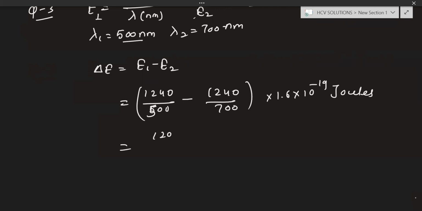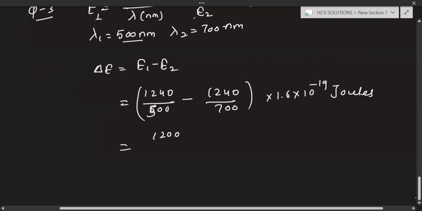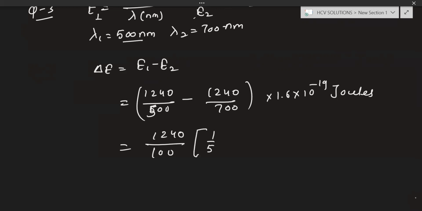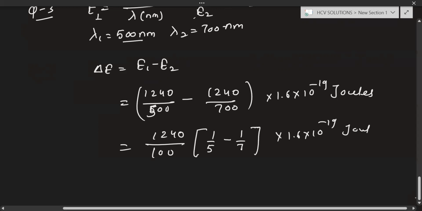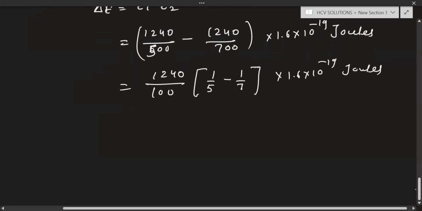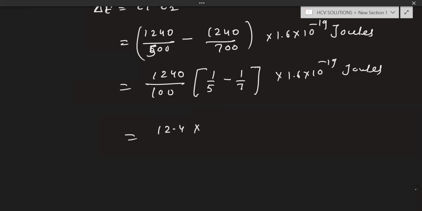Taking 1240 and dividing by 100, you are remaining with 1 by 5 minus 1 by 7, times 1.6 10 to power minus 19 joules. So here you will find 12.4 times 7 minus 5, which is 2, divided by 35, times 1.6 10 to power minus 19 joules.